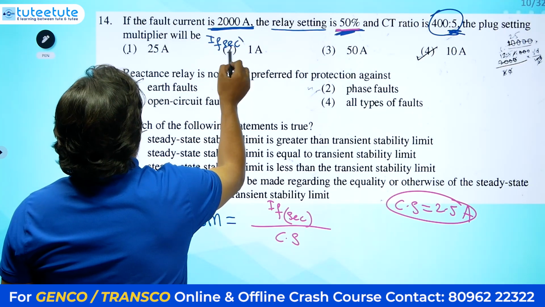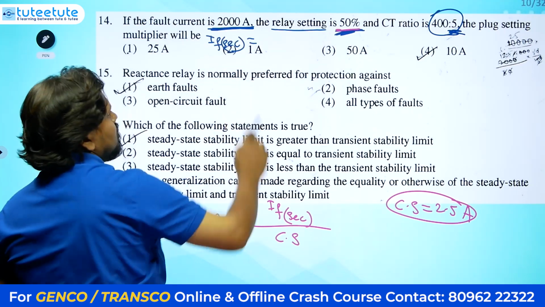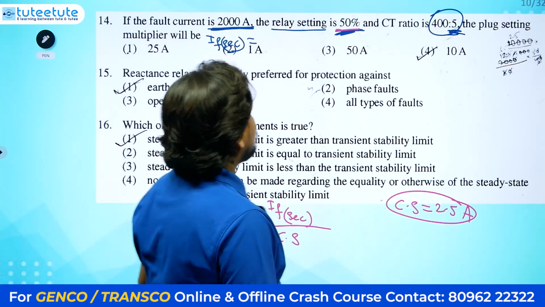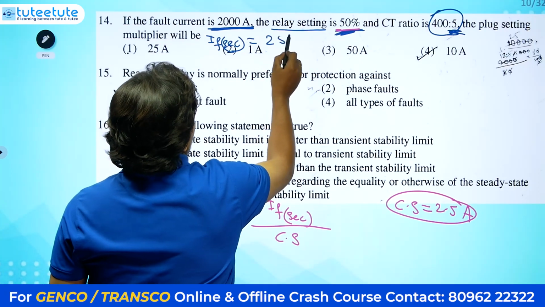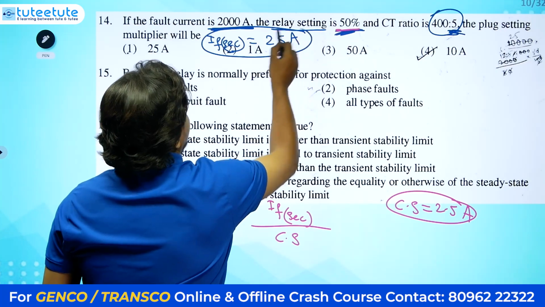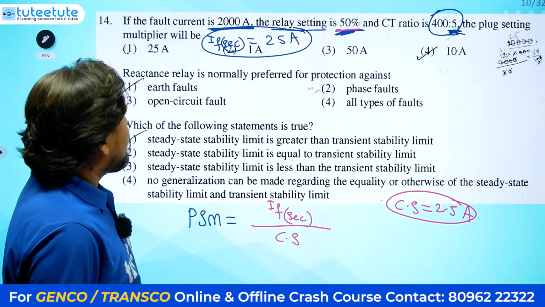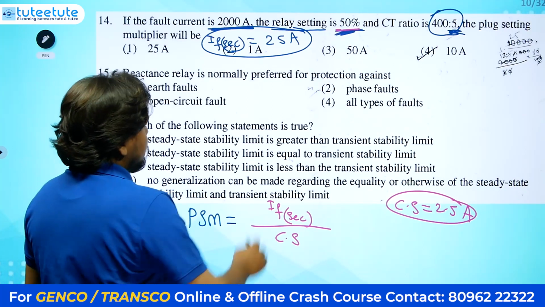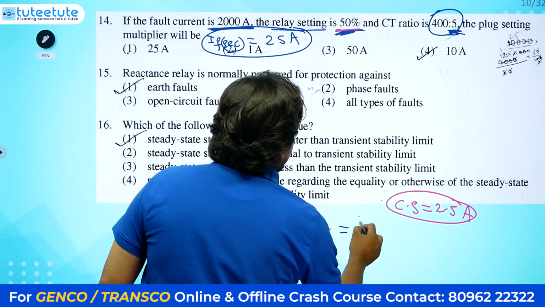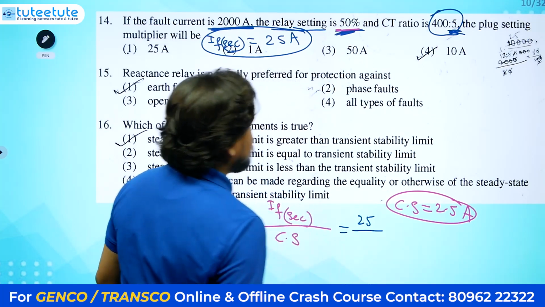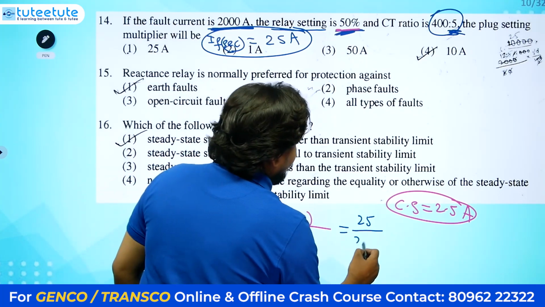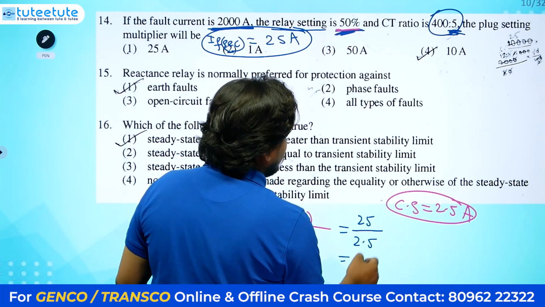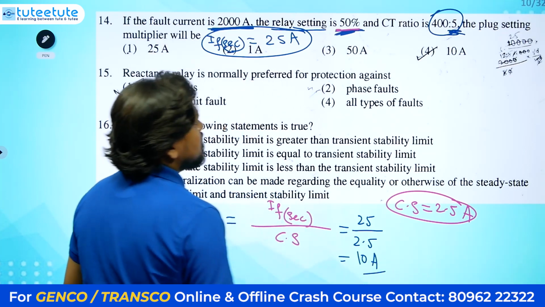On the secondary, 2000 means you have to use the 5 times, so 25 amperes you will be getting on the secondary side. That is the fault current referred to the secondary side. Let's substitute here: 25 amperes divided by 2.5 amperes equals 10.